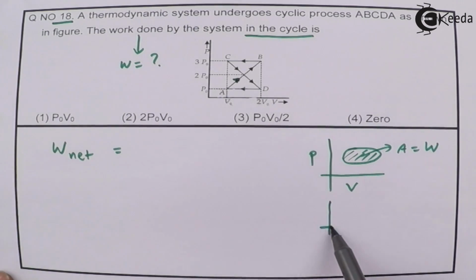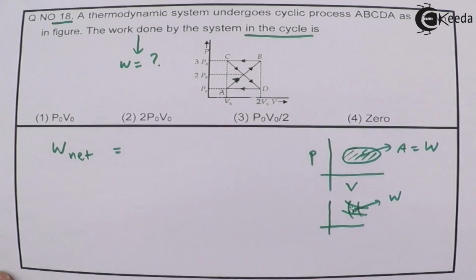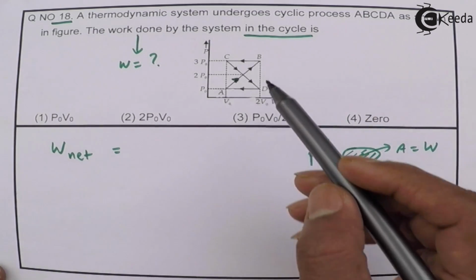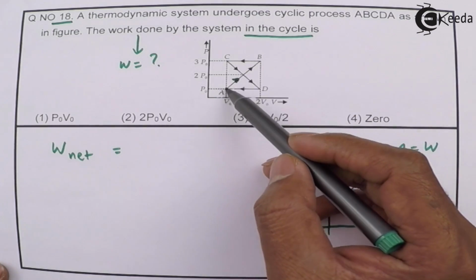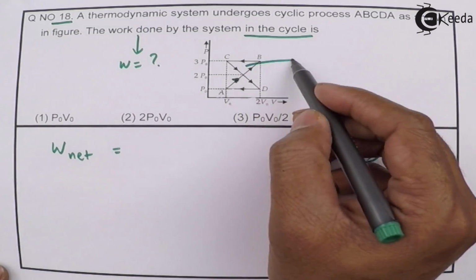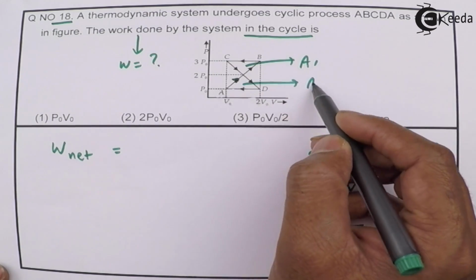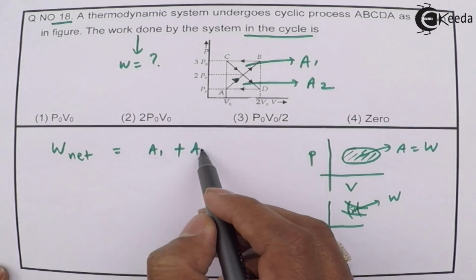For example, if I have a cyclic process like that, then this bounded area gives me the work done. Obviously in this situation I have two bounded areas, and suppose this area is A1 and this area is A2. So the sum of these two areas I have to write as A1 plus A2.